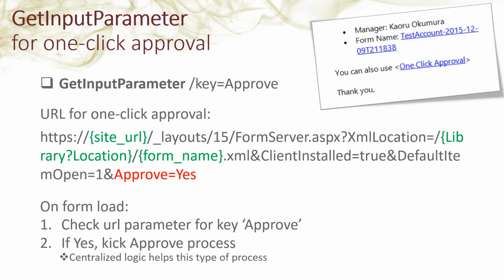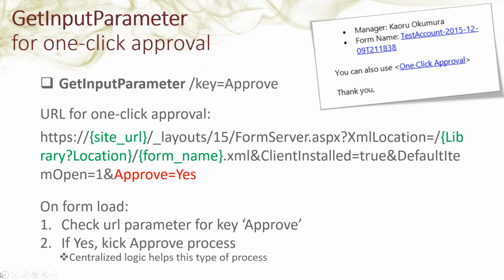And it is very interesting. Using qRule GetInputParameter, we will get this parameter. And when you have this parameter, we can automatically start the approve process.